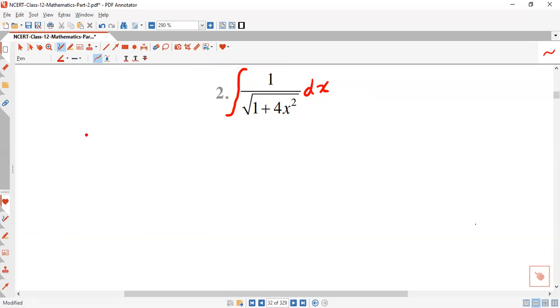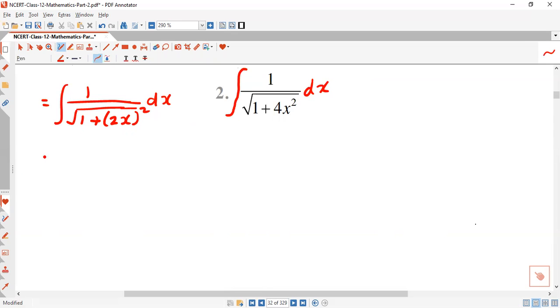So I can write down this integration easily this way: 1 upon under root 1 plus 2x whole square dx. 4x square can be written as 2x whole square.